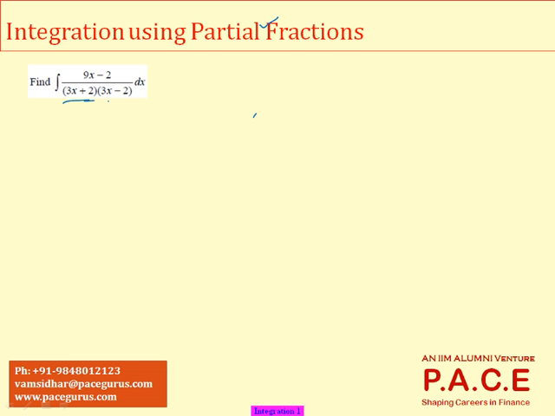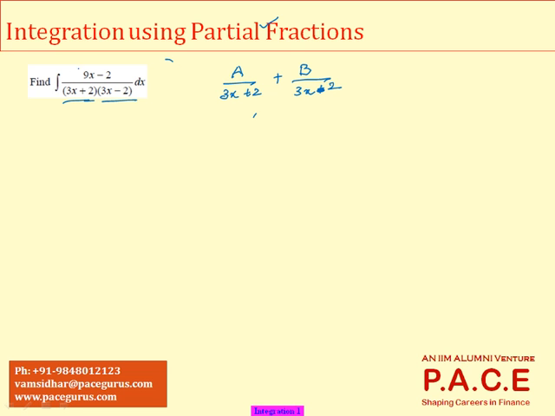Especially when I have two different factors in the denominator, I will first try to write them as a by some first factor plus b by some second factor, 3x minus 2. Before I apply the integration, I will try to split the entire term.